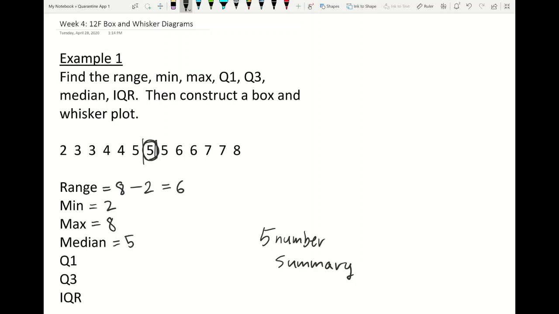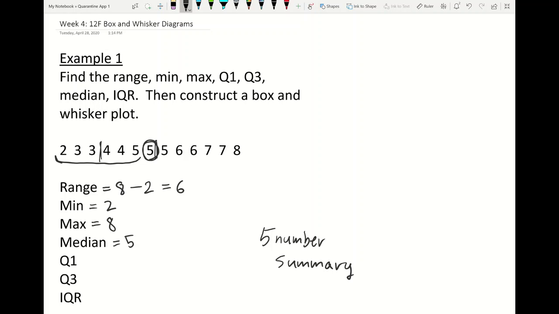Now, to find Q1, you will find the median of the first half of the data points. The issue here is whether to include this median 5 in the first half, and the answer is we don't. Since 5 has been identified as the median, we will exclude that and just find the median of those 6 numbers.